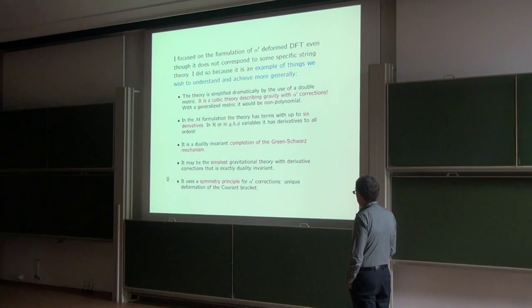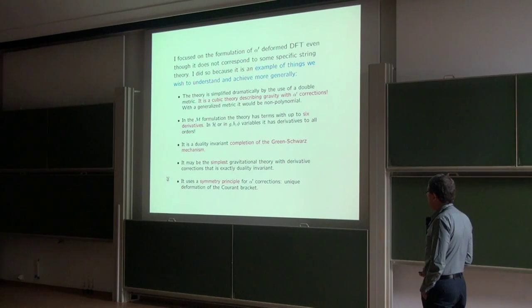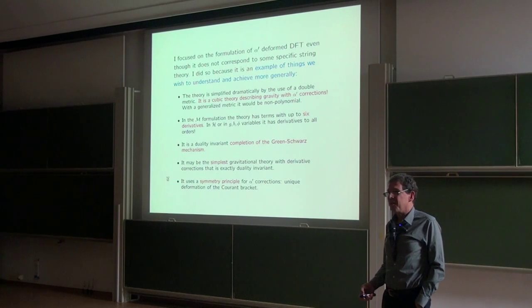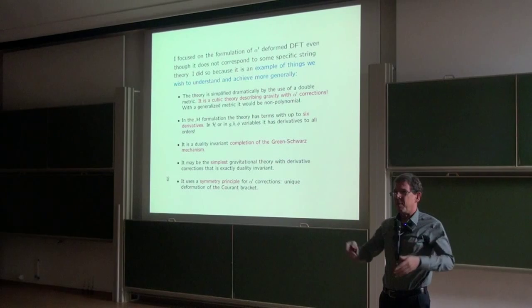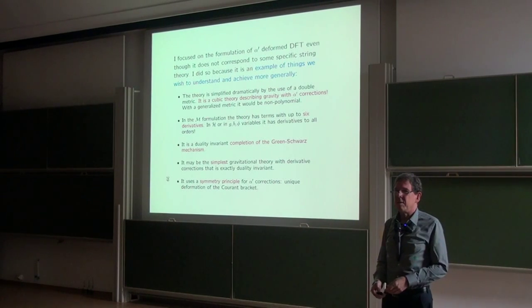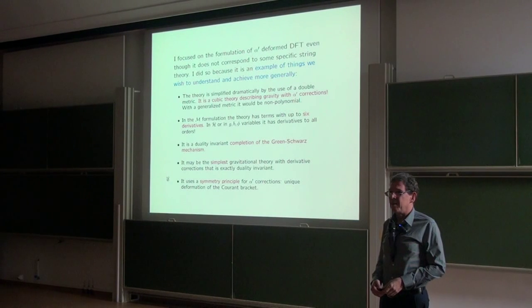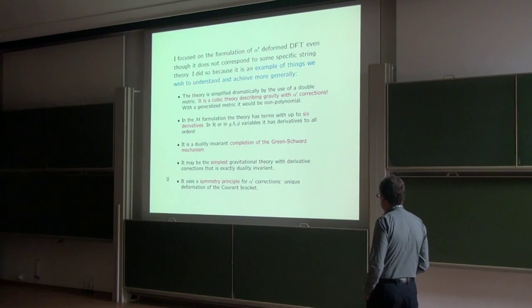For all these reasons, I think we would make great progress if we would understand really how this theory works, and it would help us do things as efficiently for the other alpha prime corrections. You know, people have never been able to write the full form of alpha prime corrections to all orders in theories, and this is not quite a string theory, but it has all the alpha prime corrections that you need for duality invariance.